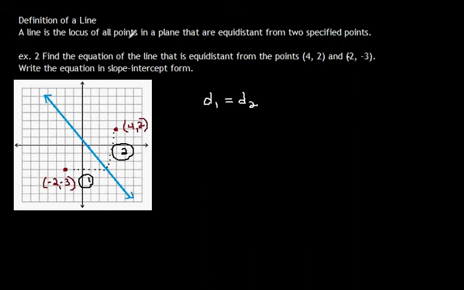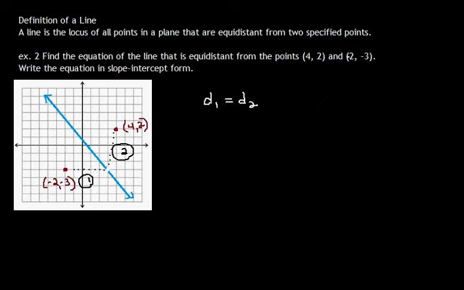A line is the locus of all points in a plane that are equal distant from two specified points. So your problems are going to look like this. Find the equation of a line that is equidistant from the points 4, 2 and negative 2, negative 3. Write the equation in slope and intercept form. So all we're going to do is find the distance from here to some random point here.